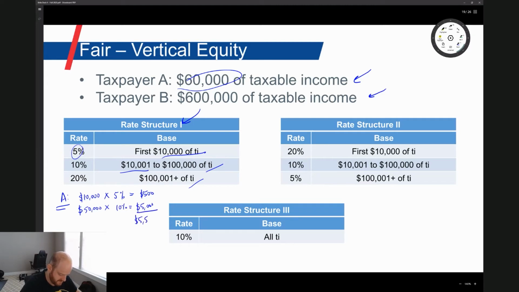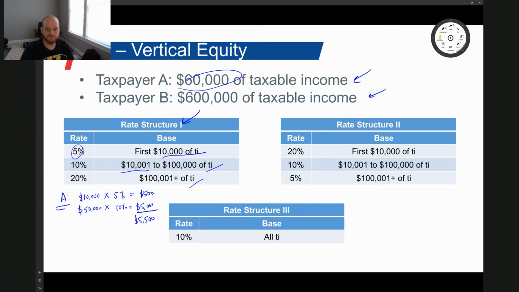So $5,500 is going to be the tax liability of taxpayer A under rate structure 1.